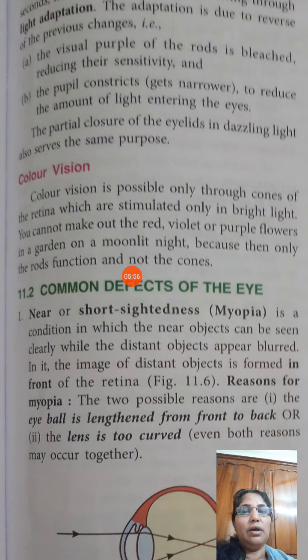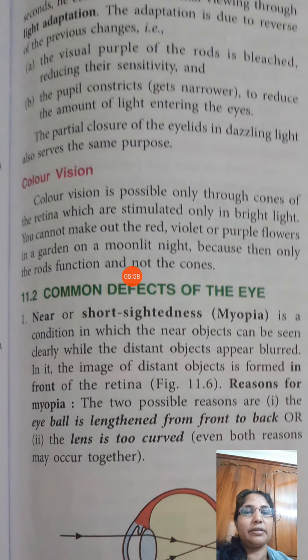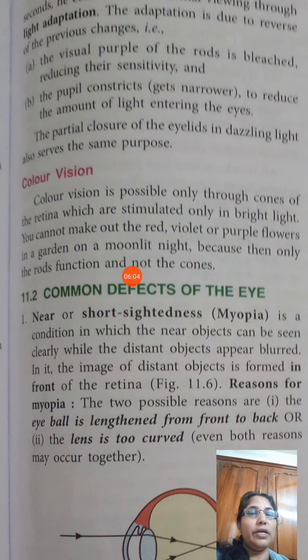Here one fact is given. Color vision is possible only through the cones of the retina, which are stimulated only in bright light. We cannot make out the red, violet or purple flowers in a garden on a moonlit night, because only the rods function and not the cone cells.